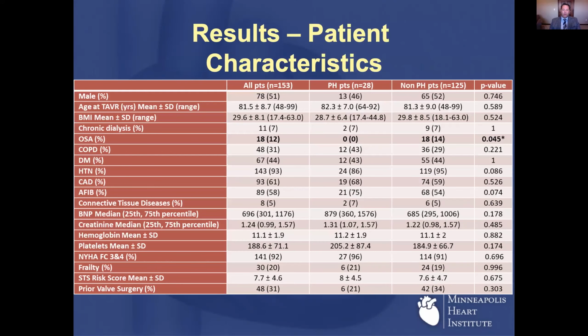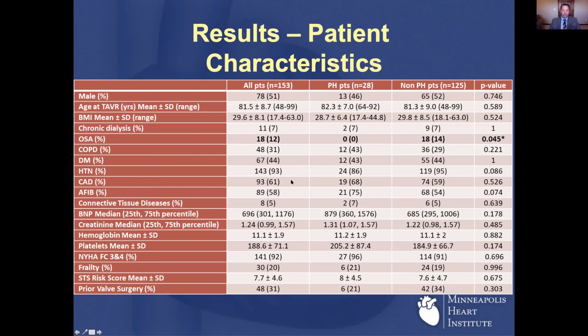And when we look at patient characteristics, no surprise, there's about a 50-50 breakdown between male and female. The only difference between groups, in patients who had post-TAVR PH versus normalized RVSP, was sleep apnea occurring in patients that normalized their RVSP.